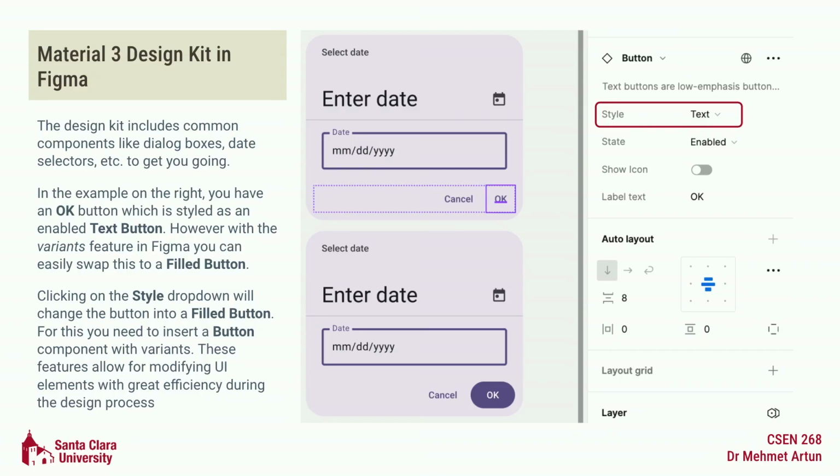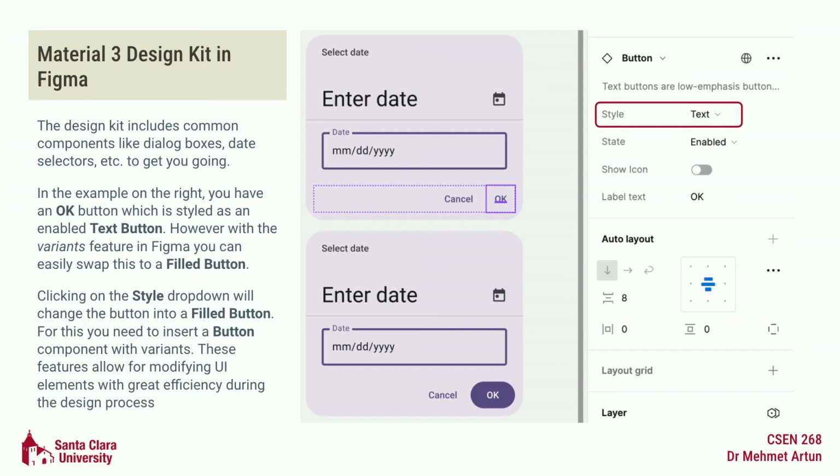And what Figma does, it has this concept of a variant, okay? So it has a component called button, right? And then you bring the button onto the page. So for example, this thing has buttons. The default buttons on it could be text buttons. But stylistically, you're saying, actually, I want the OK button to be solid.